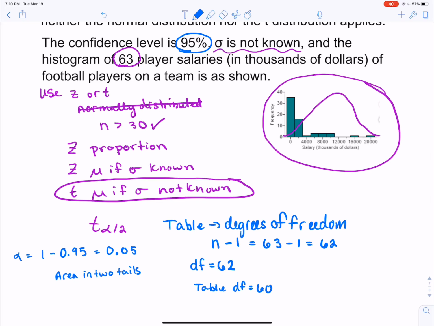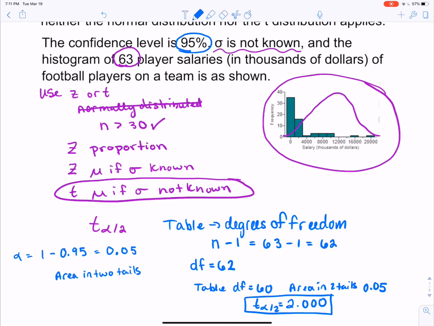And then we're going to go over to the third column. We're going to go area in two tails, and then look at that 0.05 for our alpha level. If we go there, that's going to give us 2.000. So that's our critical value, our t alpha over 2.